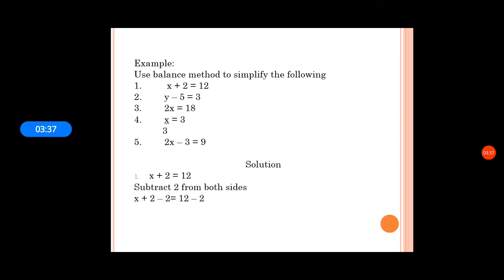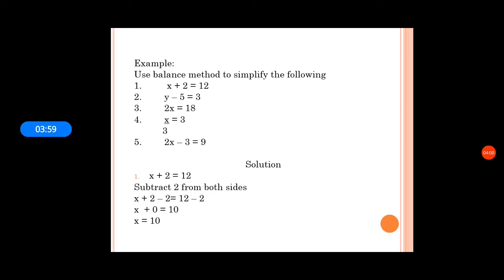So we have x plus 2 minus 2 equals 12 minus 2. 2 minus 2 will give us 0, so we have x plus 0 equals 10. Then our x equals 10. So the unknown variable is 10. That is how we solve the first one.